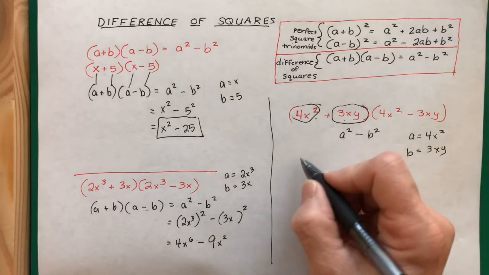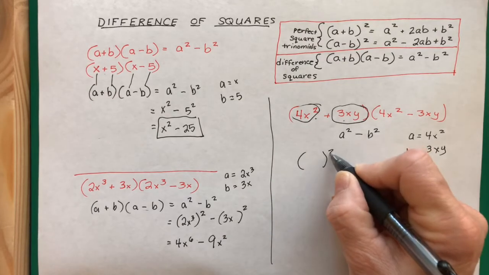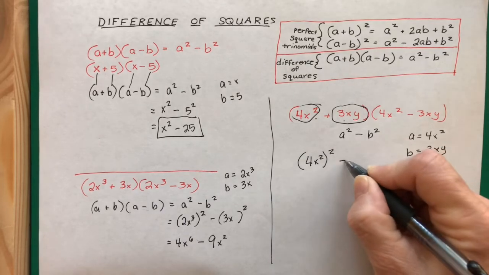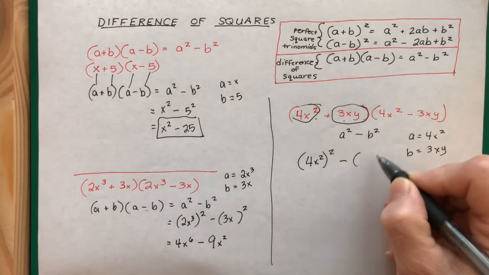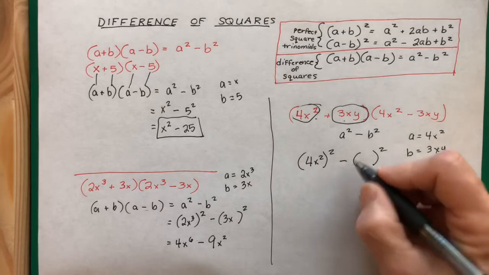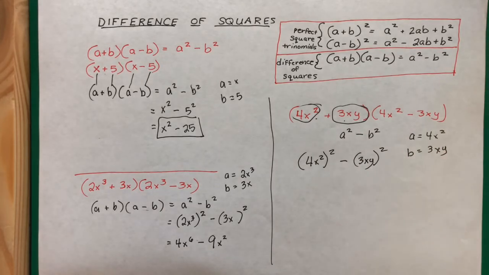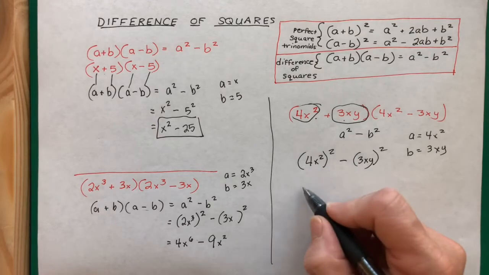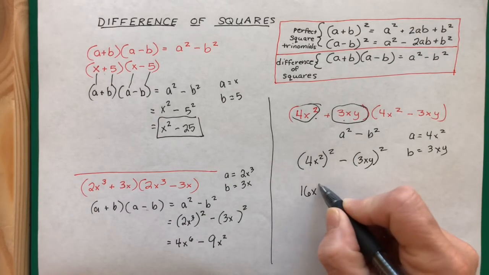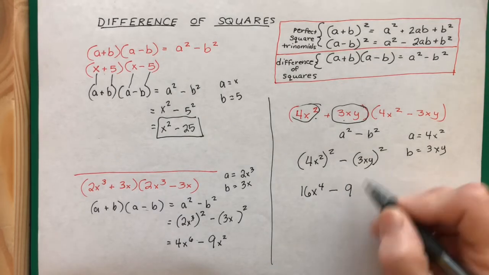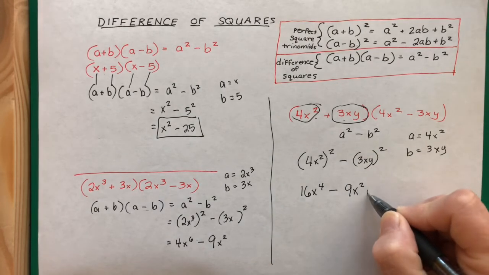Now I'm going to substitute in a squared, 4x squared, minus b squared, 3xy. Simplify those. I get 16x to the 4th minus 9x squared y squared.